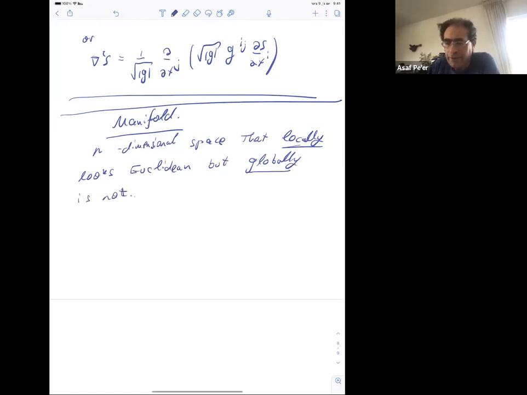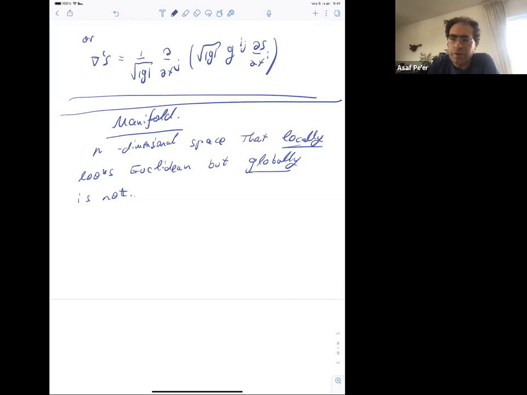And the classical example is the surface of the Earth, right? Wherever you're sitting right now, whether in the classroom or at home, if you look around you, the floor is flat, but it really isn't flat, right?